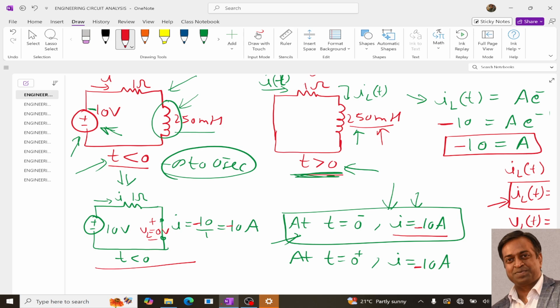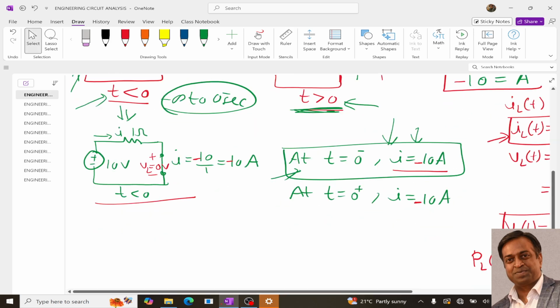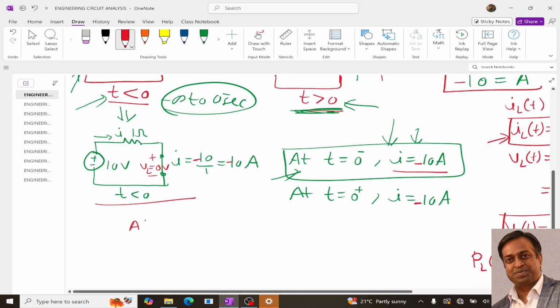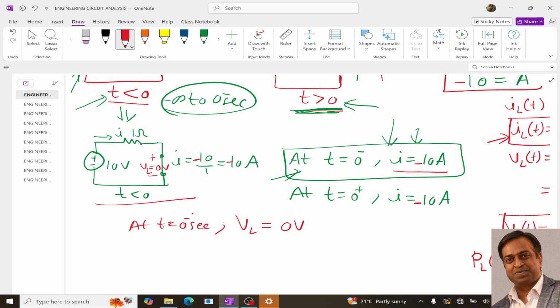So at t equals 0 minus seconds, our vL is 0 volt, and since it is 0 volt, it means that our pL, which is vi, will also be 0. So at 0 minus, power is 0. This is our second answer, right?